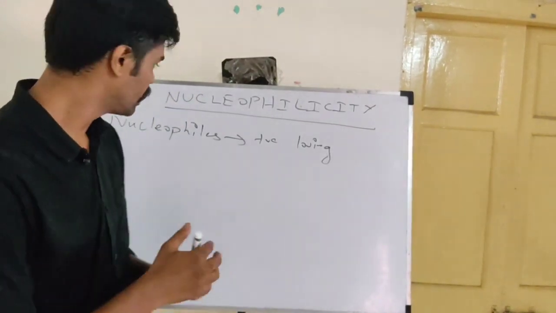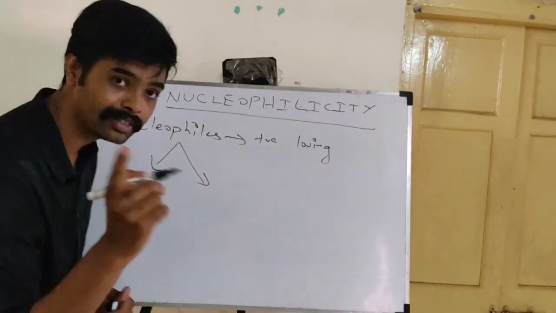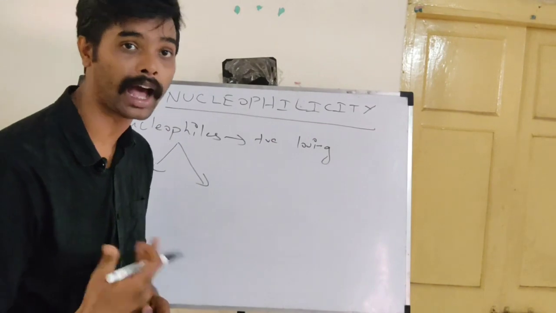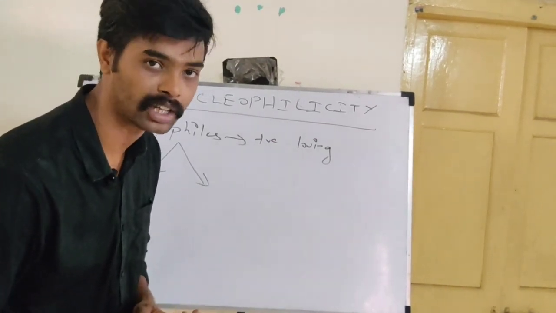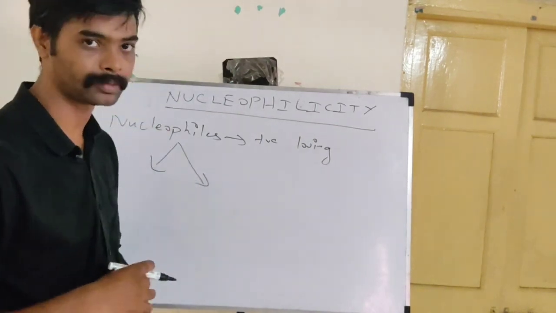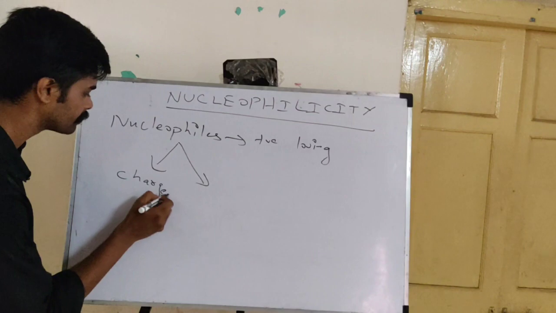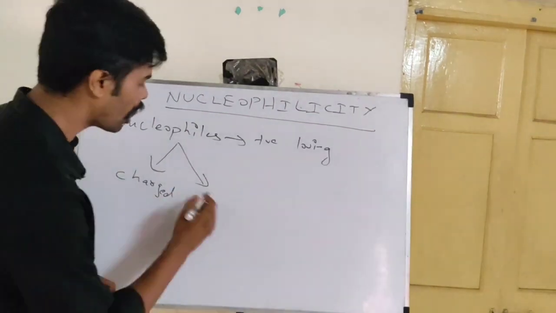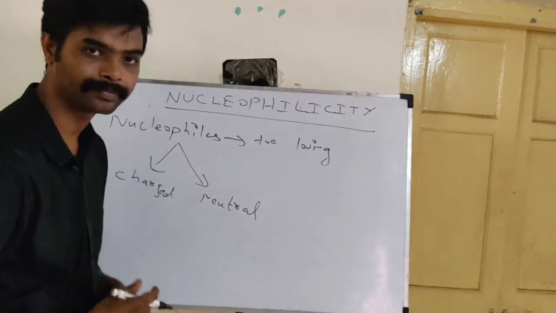Now how they have this excess negative charge is going to depend upon two things, right? One, it can either be a charged nucleophile or it can be a neutral nucleophile, right?